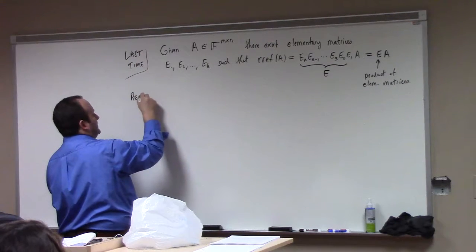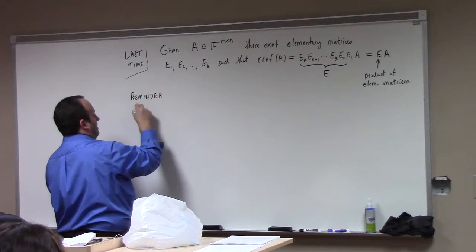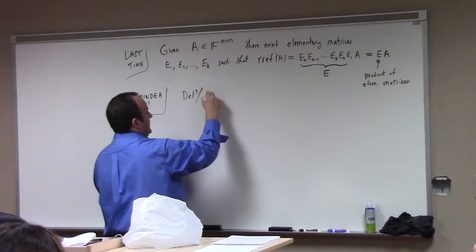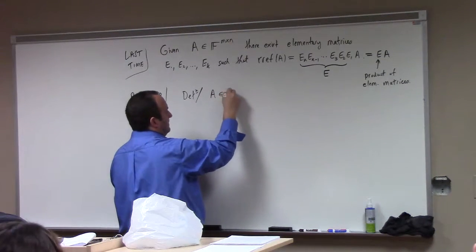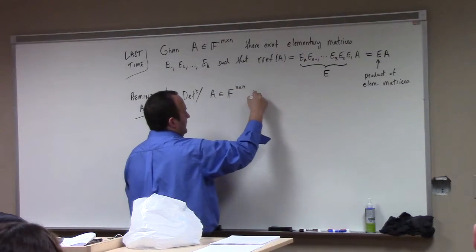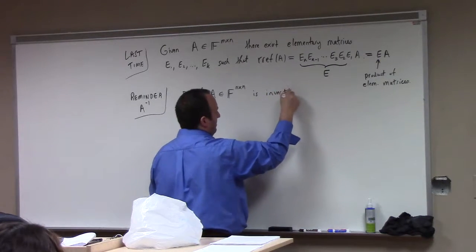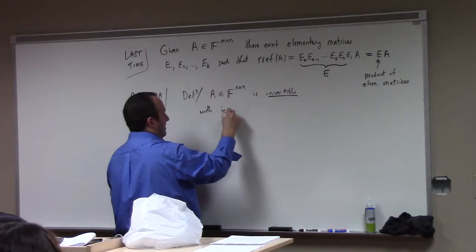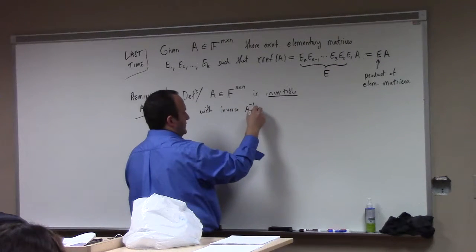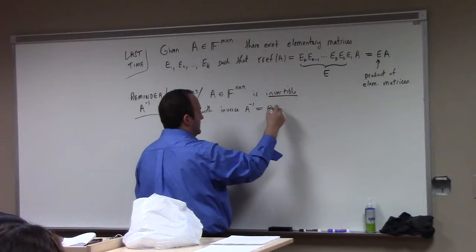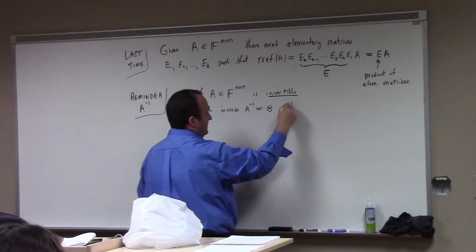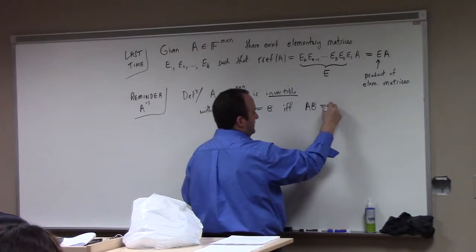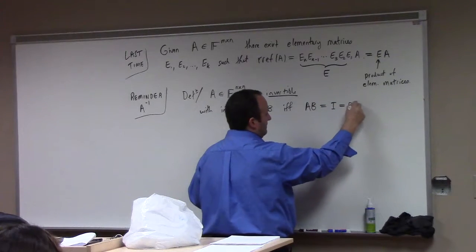So let's just remind ourselves. Our definition was a square matrix A is invertible with inverse A inverse, which we could call B for the sake of discussion, if and only if AB is equal to I is equal to BA.